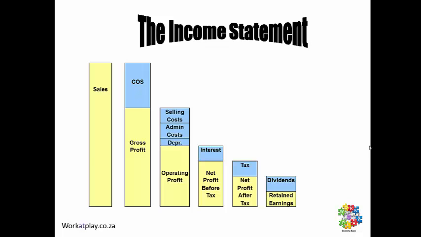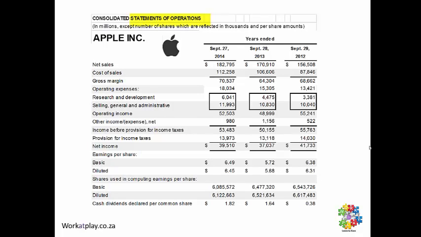Just to show you an actual income statement. Here you've got the consolidated statement of operations. Remember, I told you another name for income statement is statement of operations. Consolidated just means they've taken all the different aspects of the business and put it into one. This is obviously of Apple, and as you can see, you've got net sales less cost of sales gives you your gross margin.